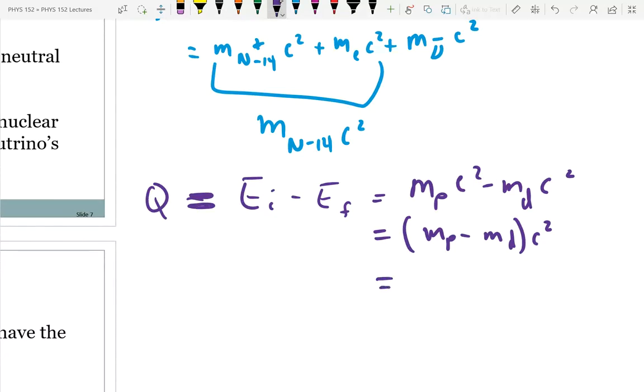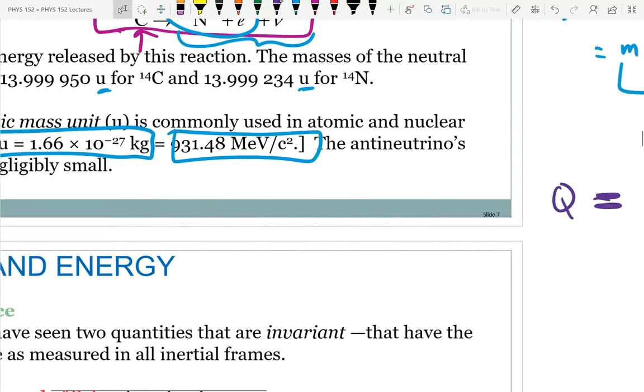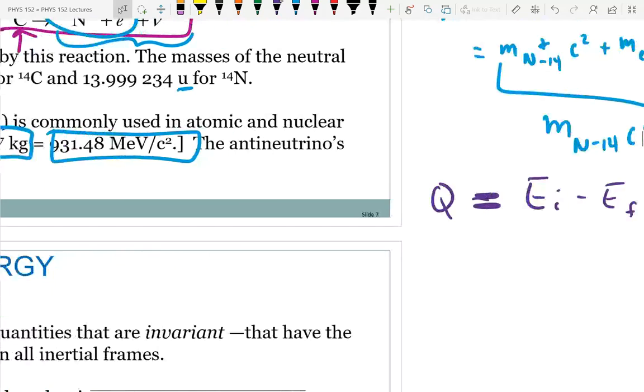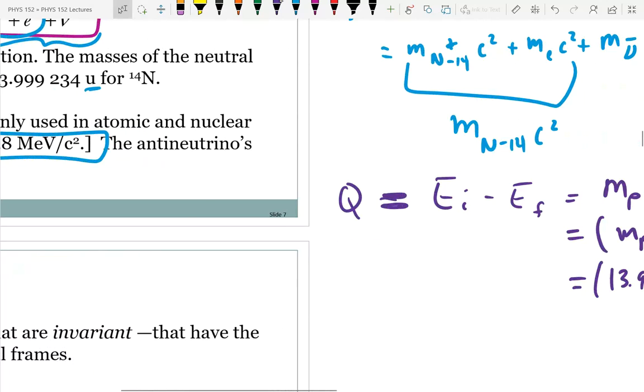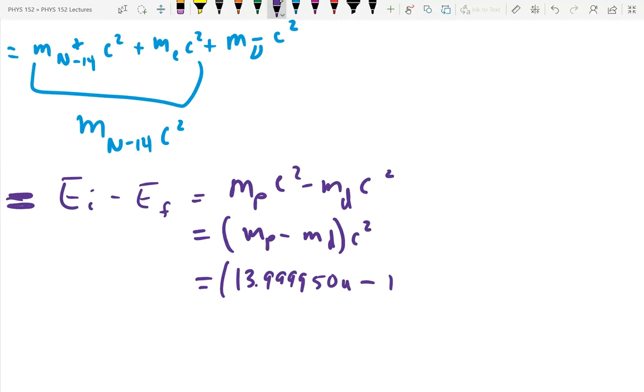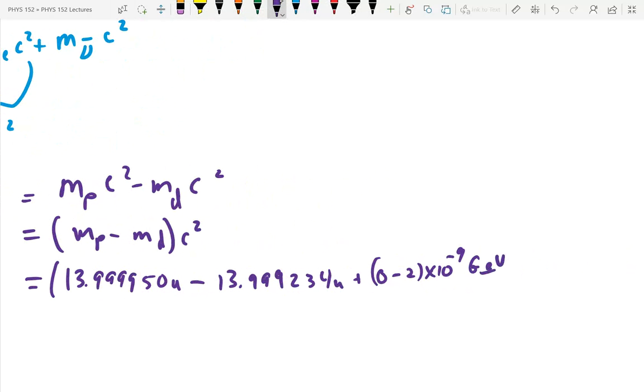So now let's just put in our numbers. The mass of the parent was 13.999950, and the mass of the daughter is 13.999234, plus 0 to 2 times 10 to the minus 9 giga electron volts per c squared.